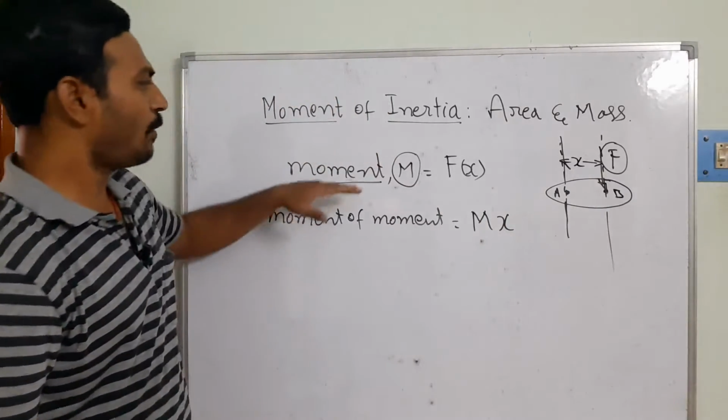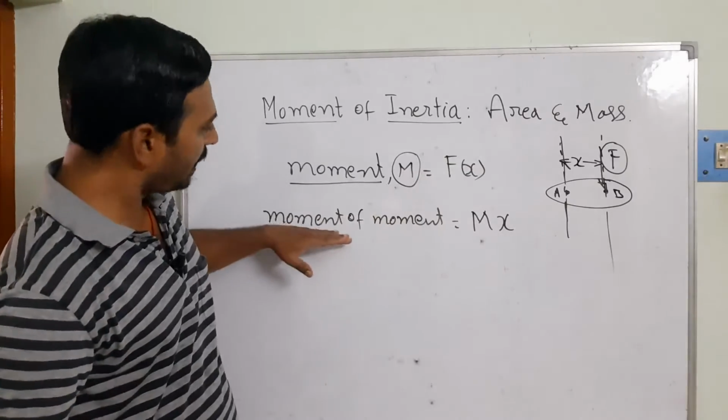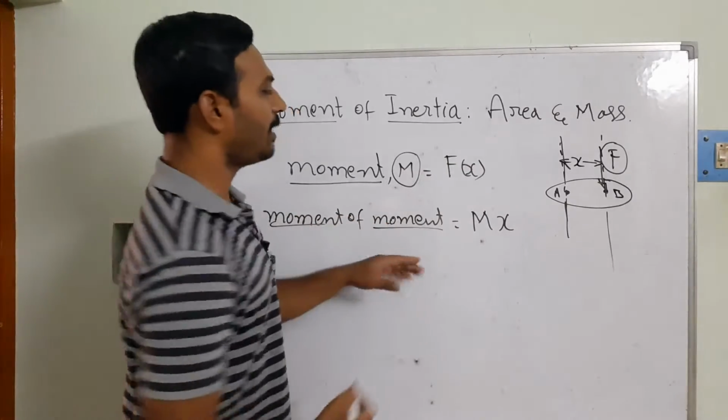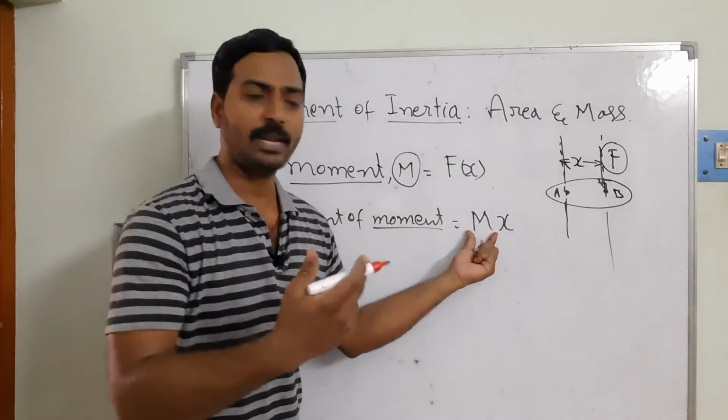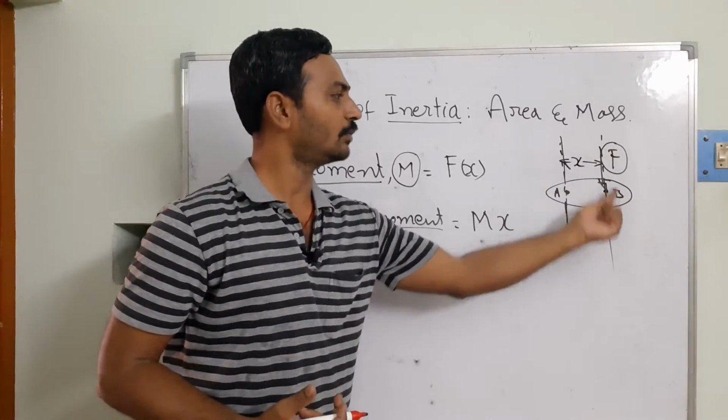Can you see, the moment is nothing but the force into perpendicular distance, but here I am going to take the moment of moment. The moment of moment means the moment multiplied with the same perpendicular distance between the point of observation and the line of action.